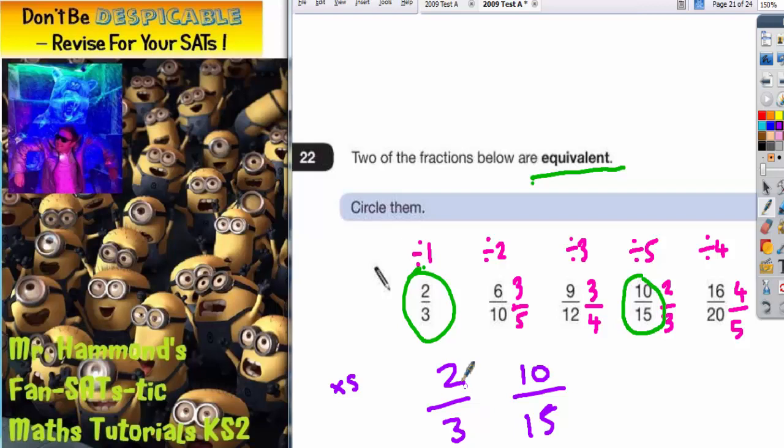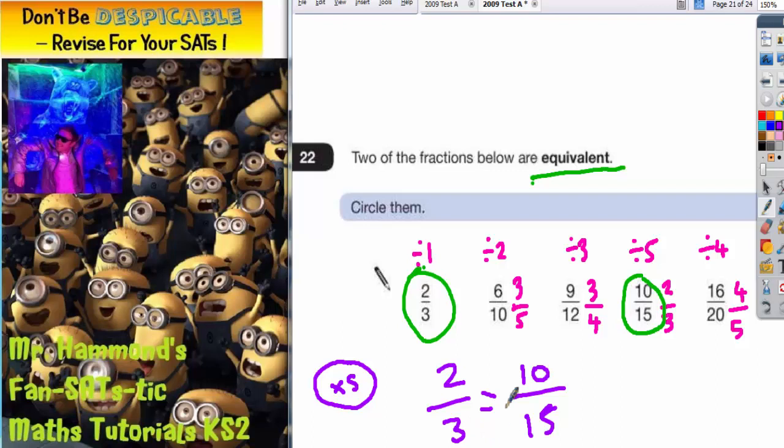Again, if you multiply both numbers in a fraction by something, you will get an equivalent fraction, as long as what you're multiplying by is the same number. You multiply the top and bottom by the same number, it's an equivalent fraction.